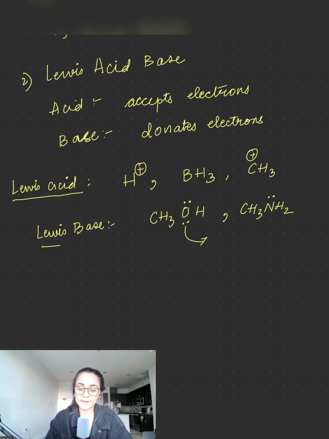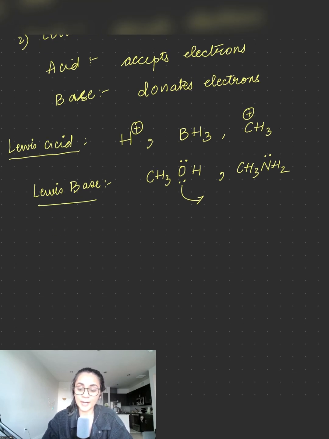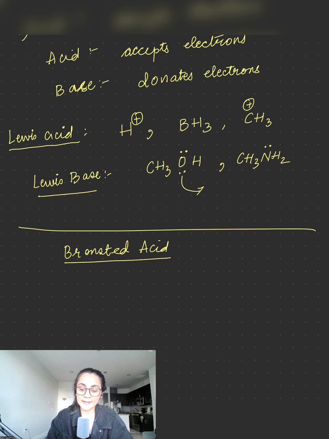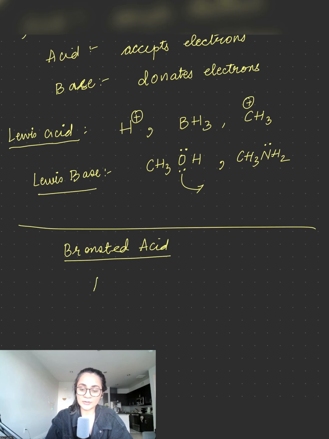Now let's think about a Bronsted acid. What is a Bronsted acid? The definition of an acid, according to Bronsted, is a species which donates H plus.